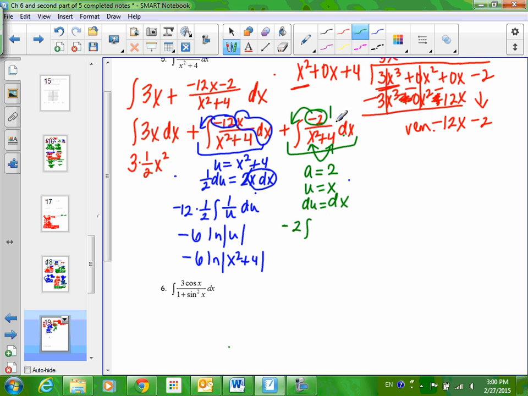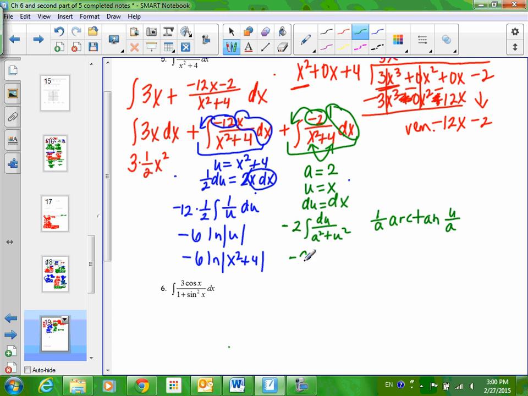So the negative 2 got moved to the front. And when we do the substitution, this 1 in dx gets replaced with du. And on the bottom, you have a squared plus u squared. You could have written that as u squared plus a squared. And that, as a formula, equals, I'm going to write it over here, 1 over a arctan u over a, plus c.